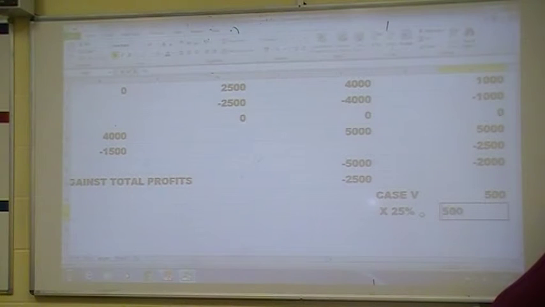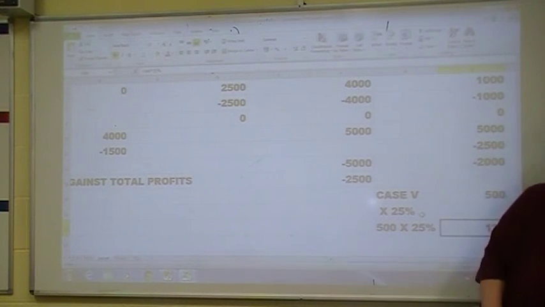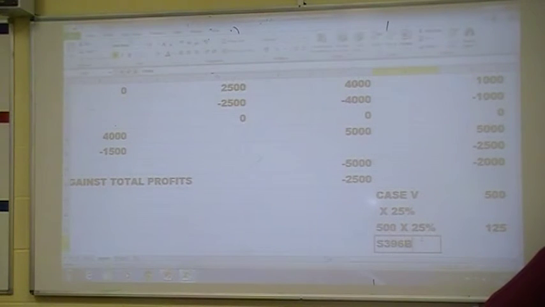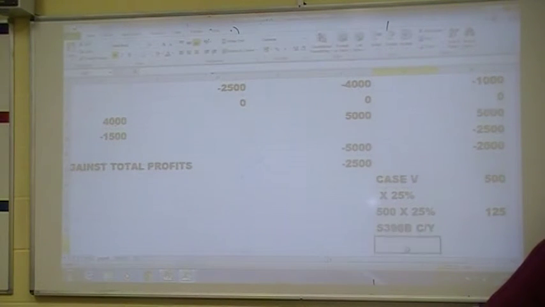So €500 by 25% is €125. And I'm going to wipe that out now by doing a section 396B current year on the value basis.